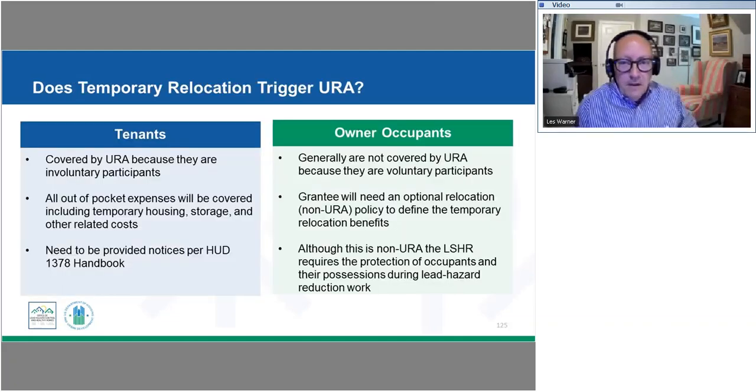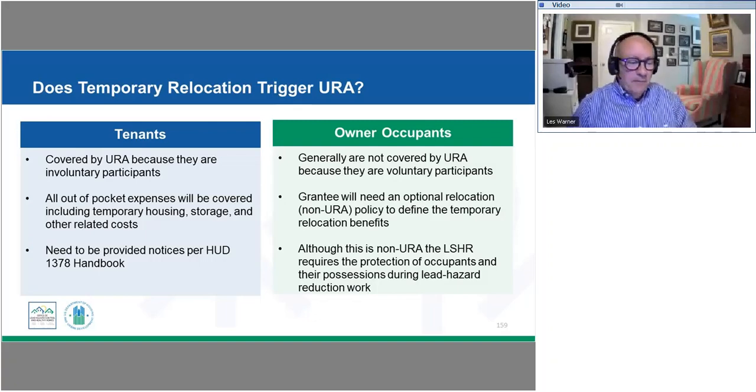So I think one of the key points that we talked about yesterday, which relates to a number of questions where folks are asking what do I need to do here, is this triggering the Uniform Relocation Act, where there are very specific requirements about what you're going to need to pay for, and notices and timing.